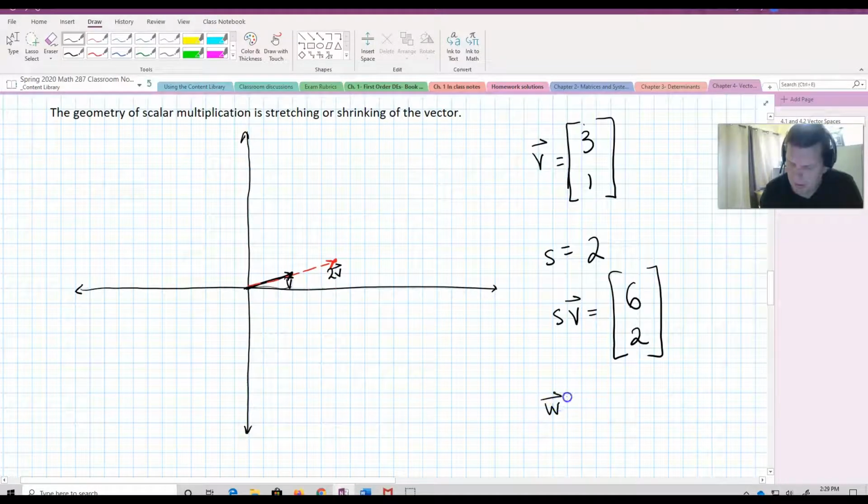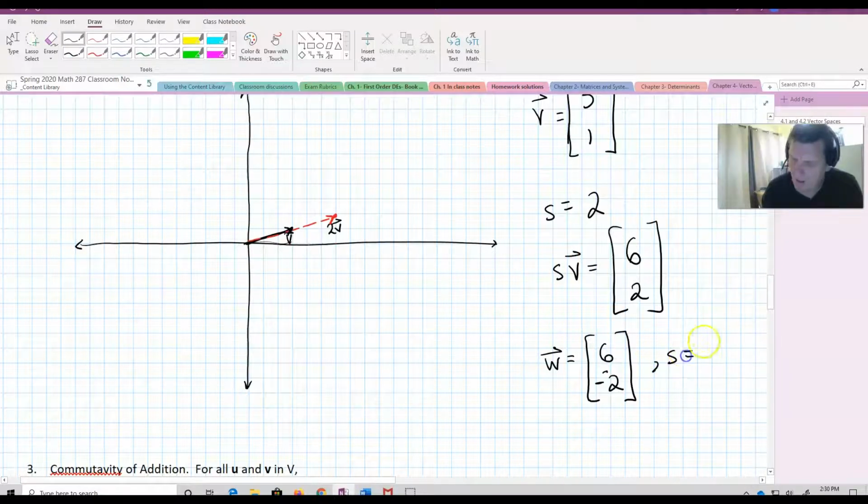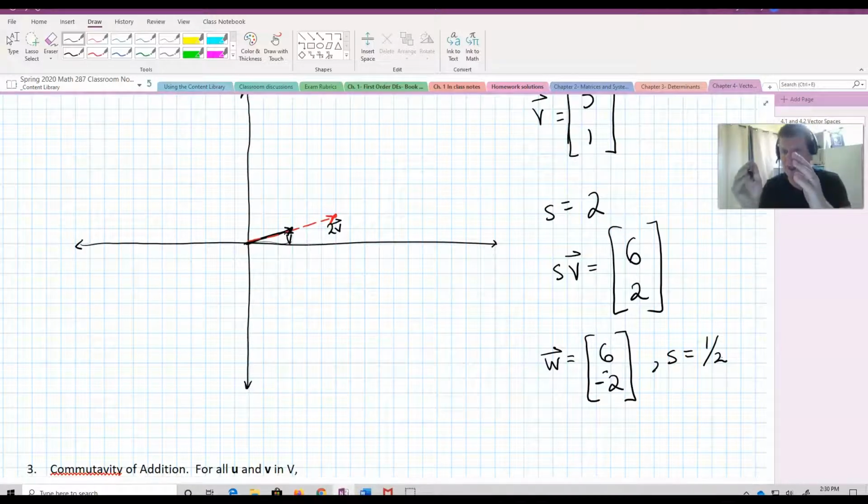Let's choose another vector. Let's let it be (6, -2). And then let's let s equal 1/2 now. Now what we expect to have happen here is that we're going to shrink the size of the vector. No change to the direction of the vector. The vector will remain along the same line, okay? But what we'll do is we'll actually shrink it this time.